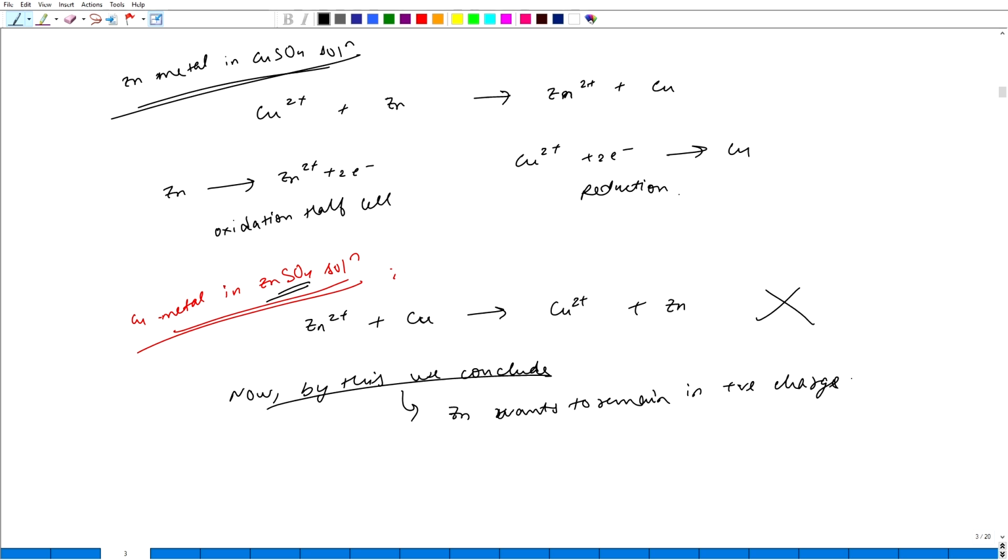Zinc wants to remain in positive charge in presence of copper, or let us say the tendency of the positive charge on zinc is more in presence of copper than on copper, meaning zinc 2 plus formation is preferred over copper 2 plus formation.